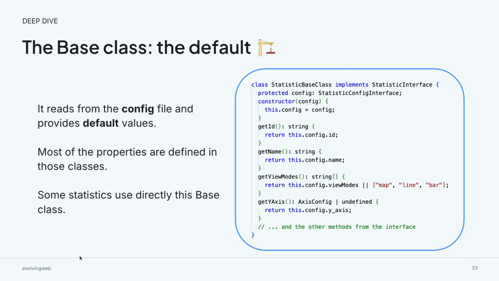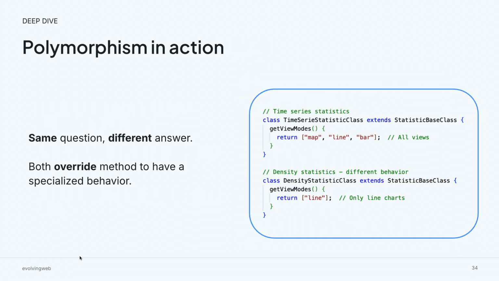So that's the base class, and then we're going to have the specific classes that inherit from the base class, and that's where we have the opportunity to override the base class methods. So that's polymorphism: same question, different answer.